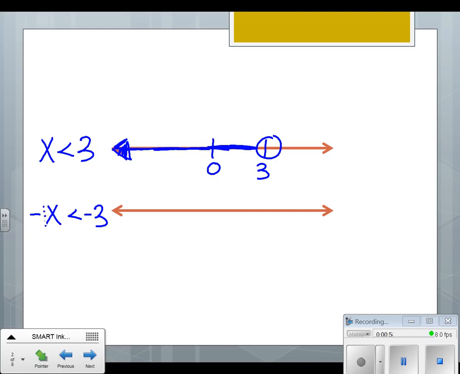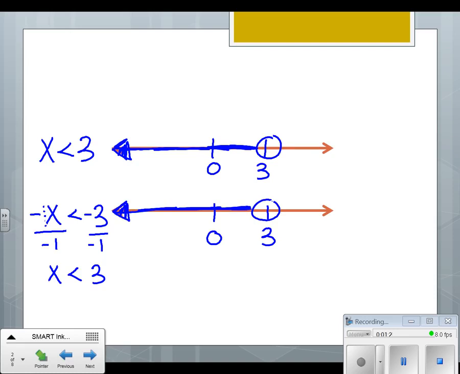To get rid of the negative 1 that is being multiplied by the x, I'm going to divide both sides by negative 1. And so then I would get x is less than 3. Okay? So if I were going to graph that, it would look exactly like the number line that I had shaded above, anything less than 3.